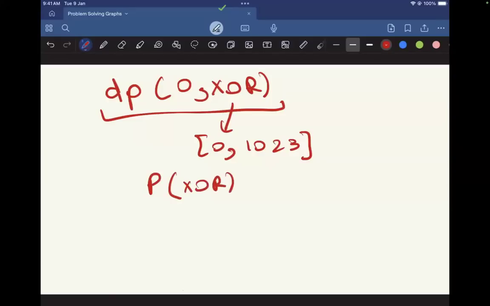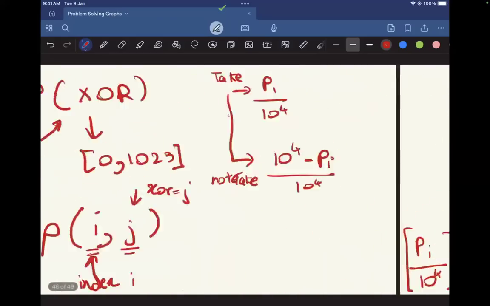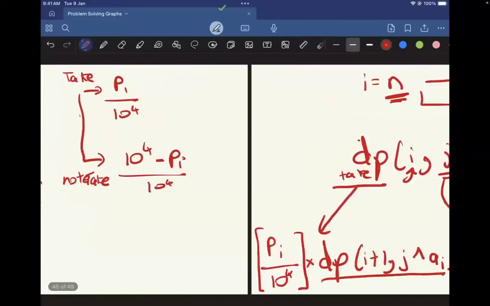Yes or no, guys? Tell me. So, if I multiply XOR squared by this, and I do it for all elements, and I sum them up, isn't this my answer? Because this is what we had to find. Yes or no, guys? We had to find the summation of XOR squared times probability of XOR over all XORs from 0 to 1023.